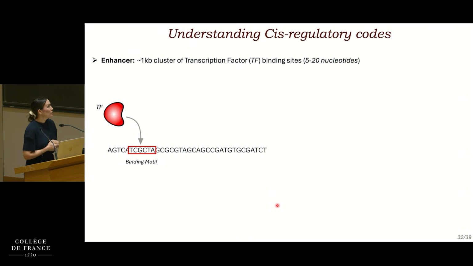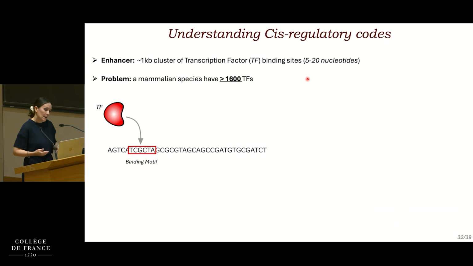So we are also trying to understand how the cis-regulatory code differs between species, and how this could explain the differences in activity and gene expression, and ultimately in the trait. It is a very hard task, because an enhancer is around 1 kb of DNA sequence, and it is basically composed of a cluster of transcription factor binding sites, which are just around 5 to 10 nucleotides.